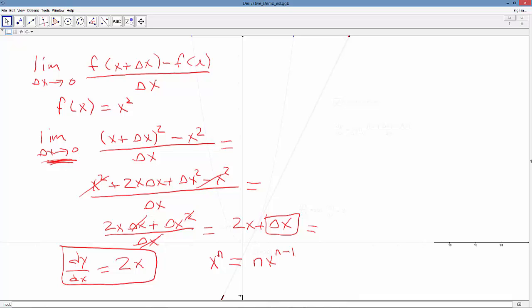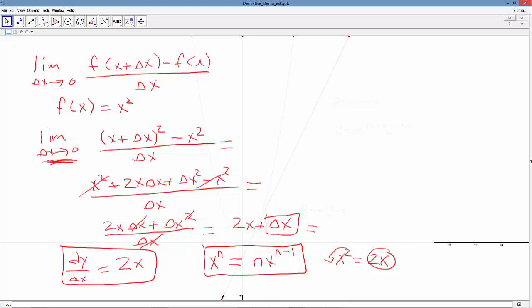So you basically take your n, bring it down in front of the x, and then subtract 1 from the n in the exponent, and this will be your derivative for a general polynomial term, x to the n. So in our x squared case, we bring the 2 down to the front, subtract 1 from the 2 to get the exponent of the x, and we get 2x, as we have shown.